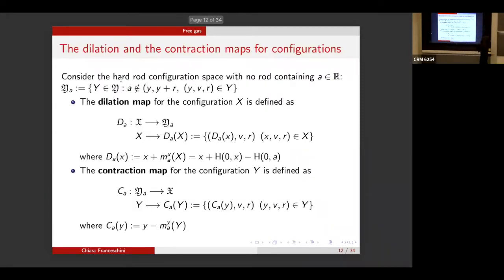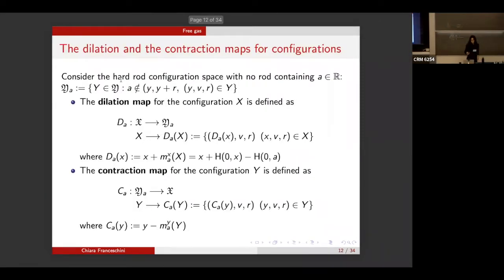So the description is the following. The dilation map goes from the curly X to the curly Y, which is the space of hard rod configurations not containing the point A, because you have to dilate with respect to a point that doesn't belong to a rod. And you add the mass. The dilation of the point x is x plus the mass between A and that point.